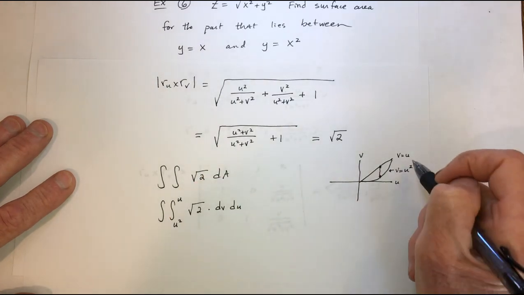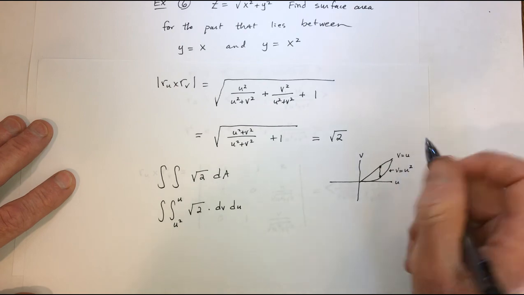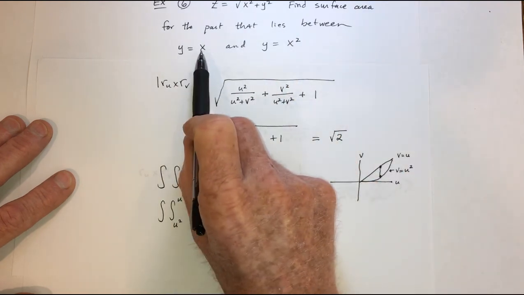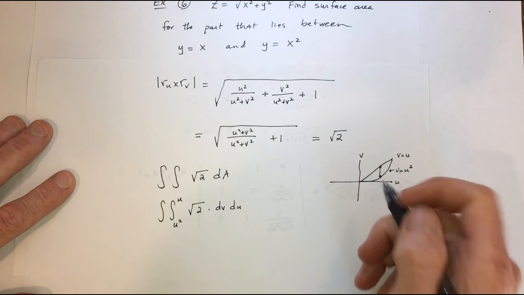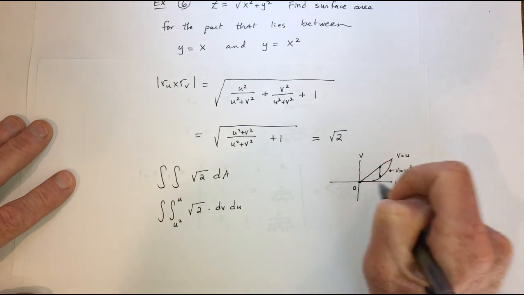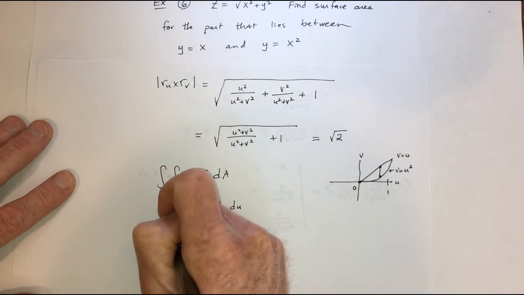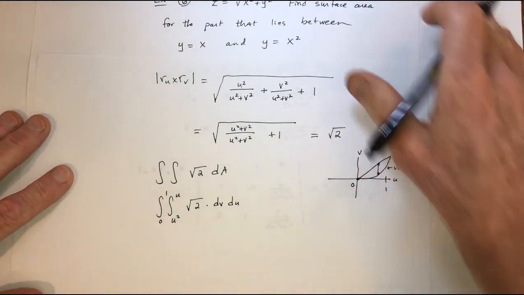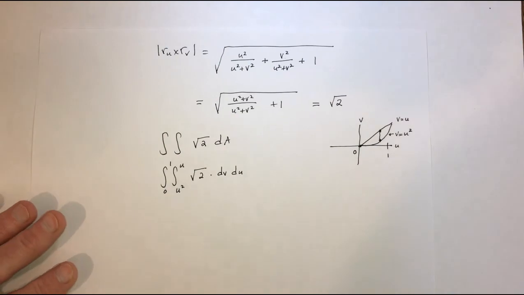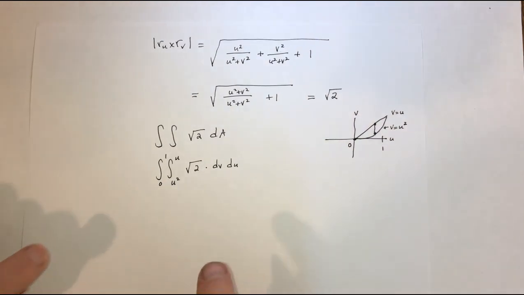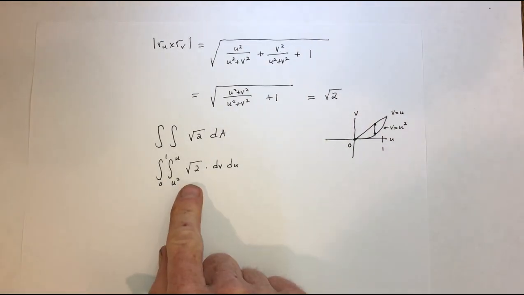And then where do these two equal each other, so where does x squared equal x? That would be the number 0 and the number 1. So it's going to go from 0 to 1. Wow, isn't this amazing? After all of these cross products and all this stuff, that's all we have to integrate.